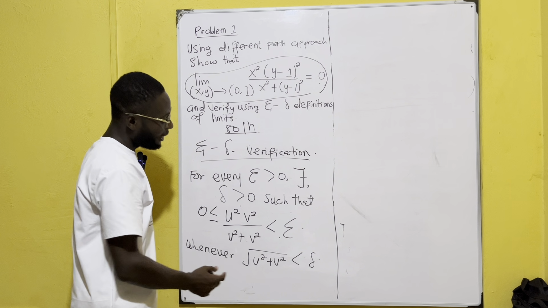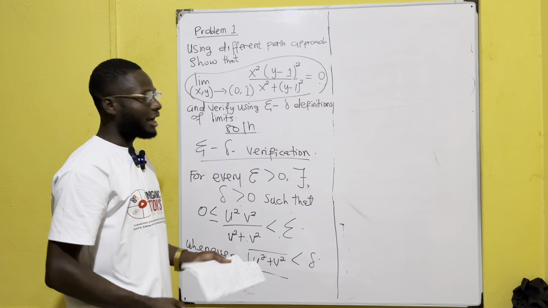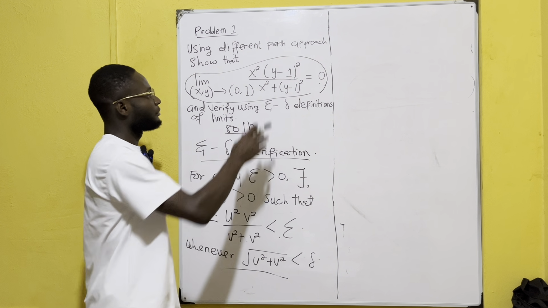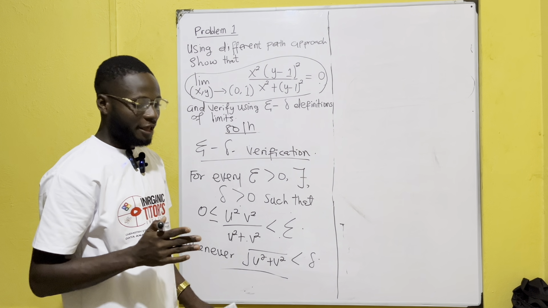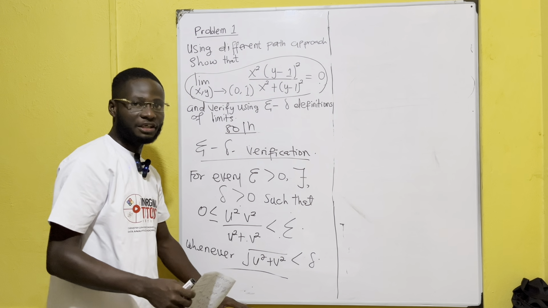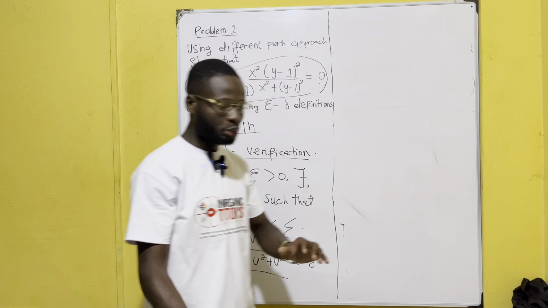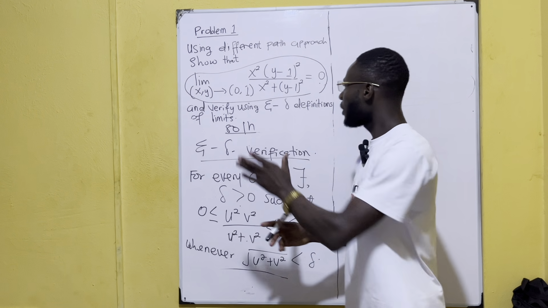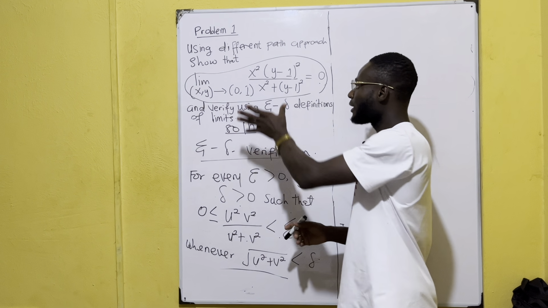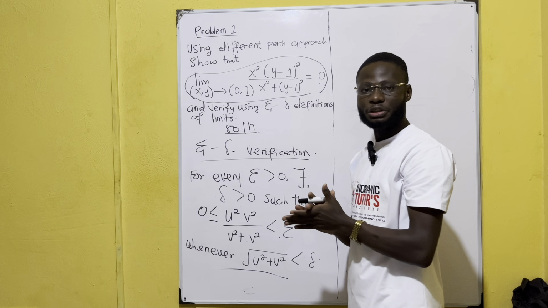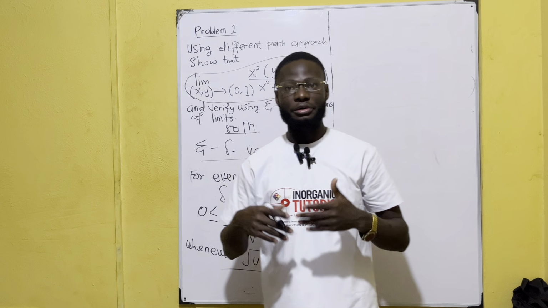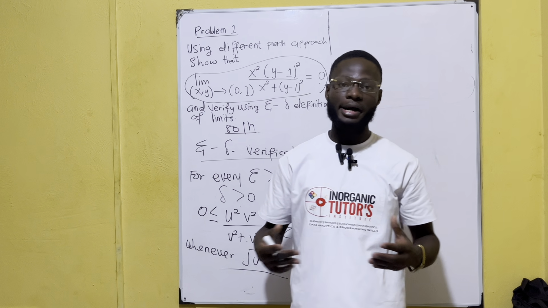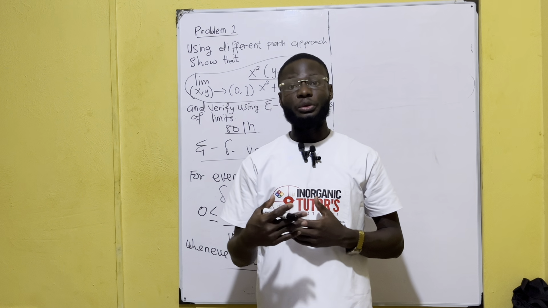So we have defined our limits. As I always say, this pre-definition is you trying to define what this actually means. For instance, if you go to your office and your boss gives you some work, you are to report.